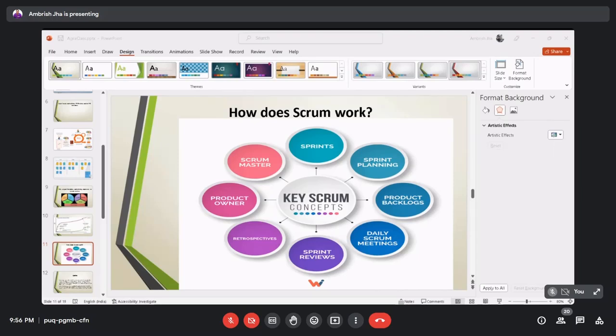Then every day when the day starts, we have a daily scrum meeting, popularly known as the daily stand-up meeting. In the daily stand-up meeting, typically 3 questions are asked of every engineer: what he did the last day, what he is planning to do today, and whether he has any blocker or any problem he wants to discuss with the product owner, scrum master, or the customer.